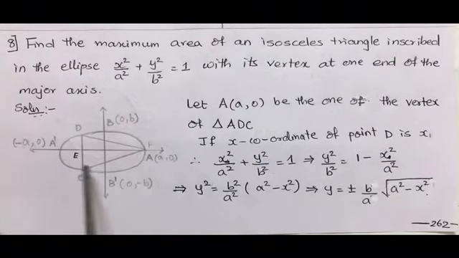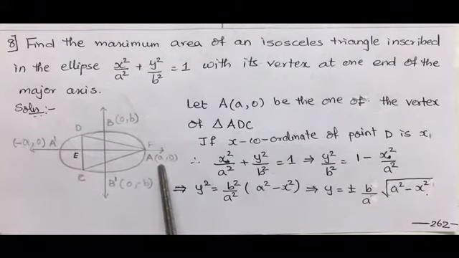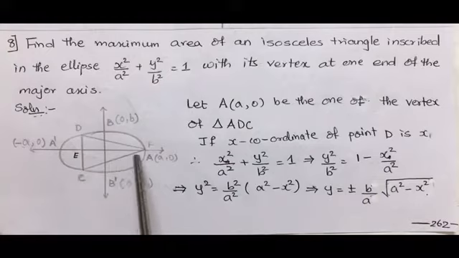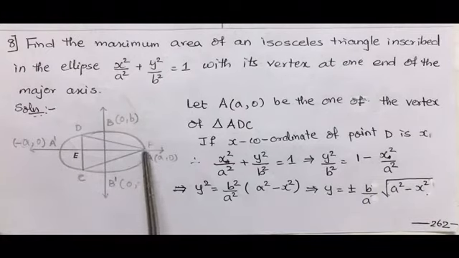Now here an ellipse is drawn where one vertex of the triangle is taken as the endpoint of the major axis, A(a, 0), and the points D and C are taken in such a way that ADC becomes an isosceles triangle.